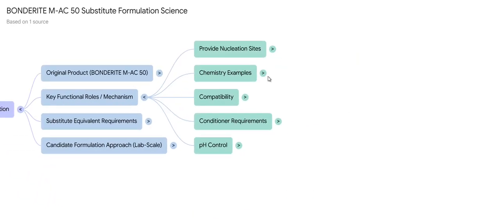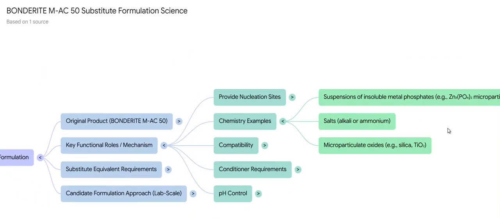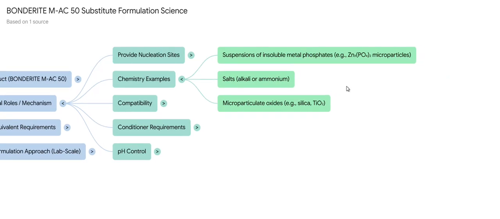Let me explain the chemistry examples here. For instance, what is the composition of this Bondrite MAC50? The major ingredient is a suspension of insoluble metal phosphate, that is Zn3(PO4)2 as microparticles.